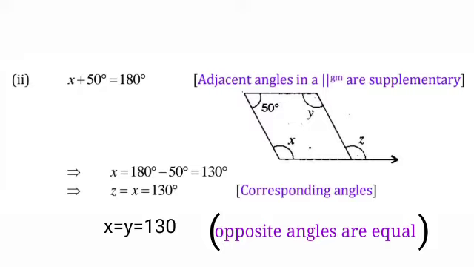Then for x, 180 minus 50 will get 130 degrees. Angle x and angle z are corresponding angles. So z also will get 130 degrees. Angle x and angle y are opposite angles, that's why both are equal. Therefore, x equal to y equal to 130 degrees.